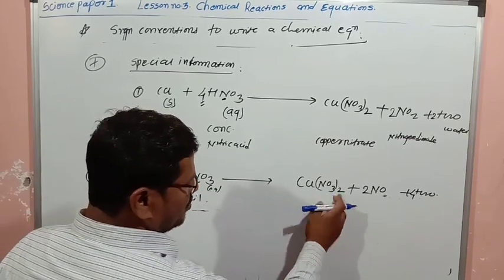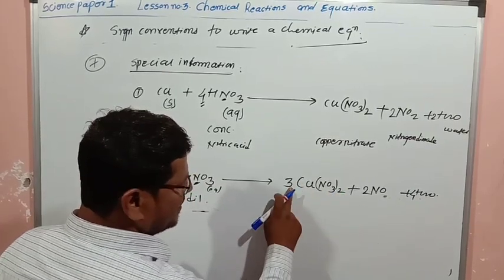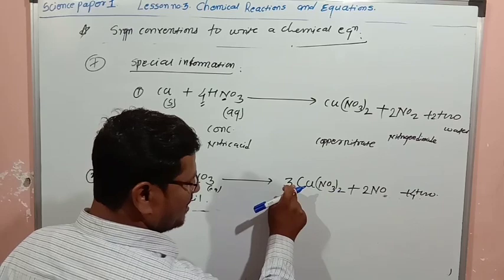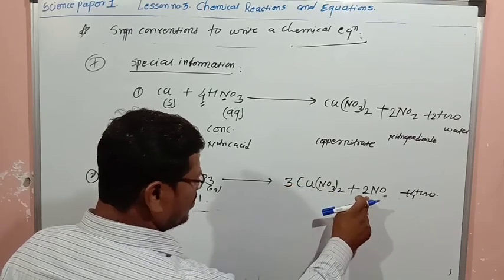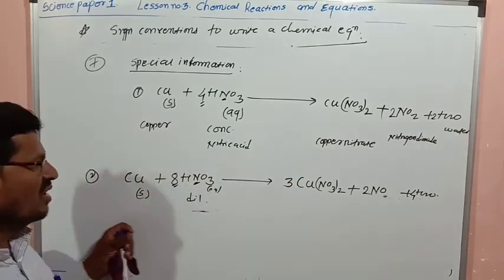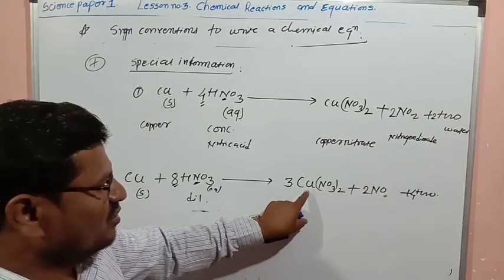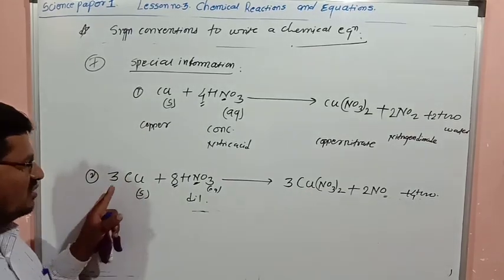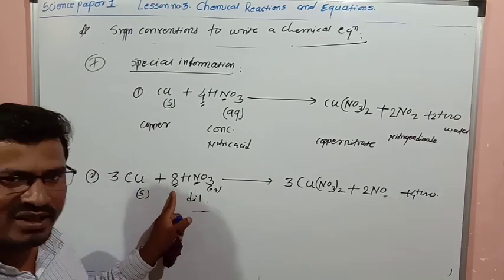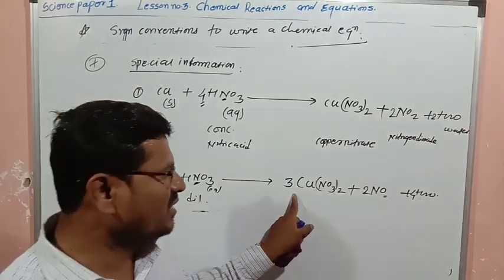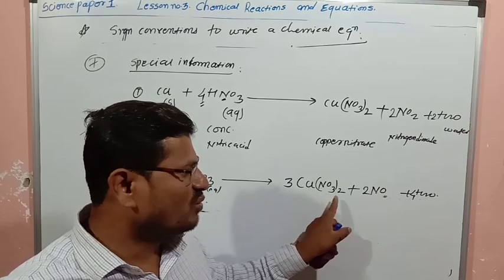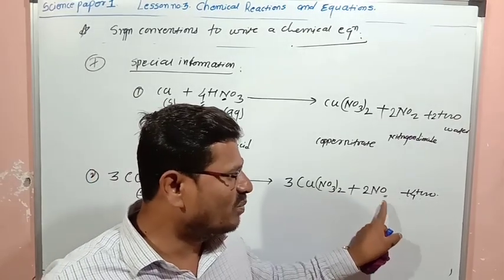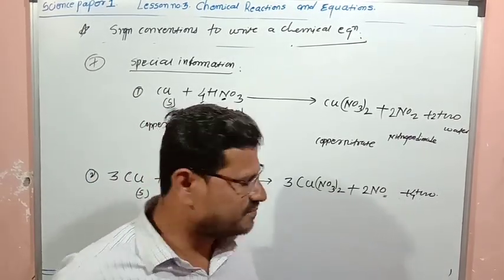Here 2 are there, 2 3s are 6. If you do 3 here, 2 nitrogen multiplied by 3, 2 3s are 6, plus 2, it will become 8 nitrogen. So copper will become 3, and that's why you have to multiply here by 3. So 3 Cu plus 8 HNO3 will give 3 Cu(NO3)2 plus 2 NO plus 4 H2O.